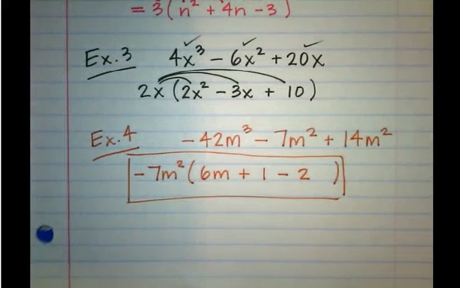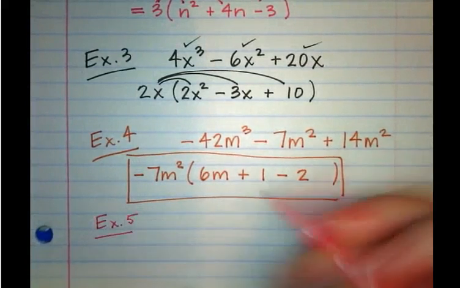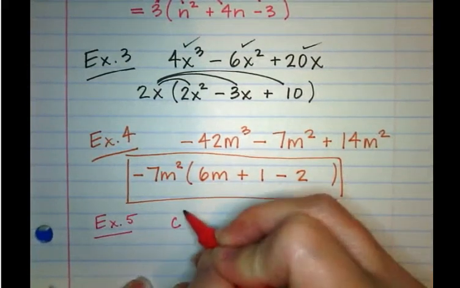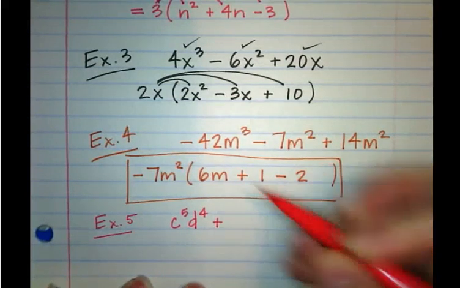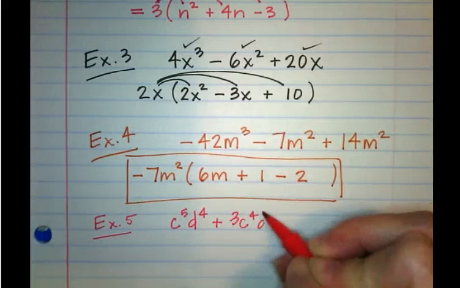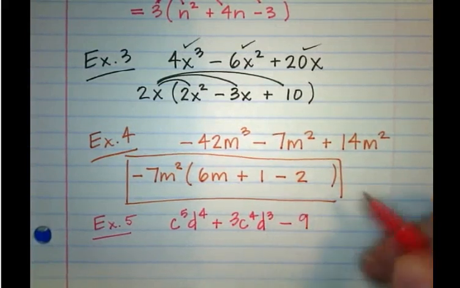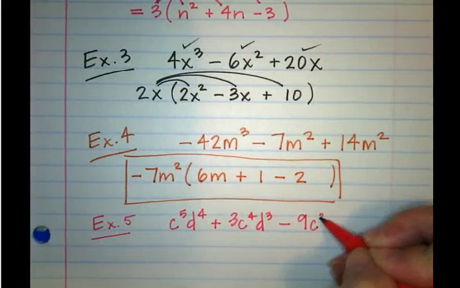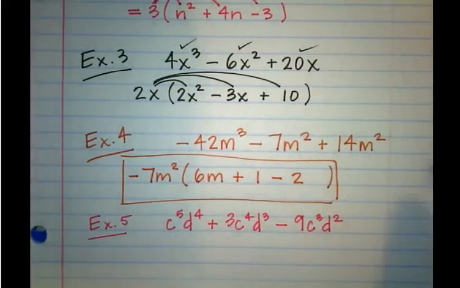All right, for our last example, I want to show you that it's possible to have just variables as the GCF. So let's say we had c to the 5th d to the 4th plus 3c to the 4th d cubed minus 9c cubed d squared.